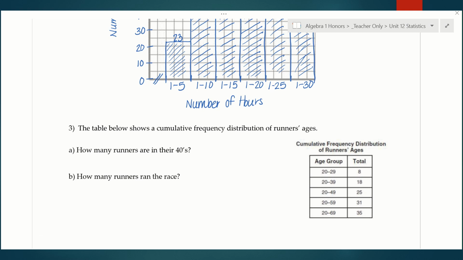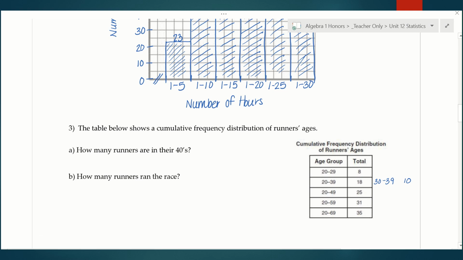So what I want you to think about is, okay, if there were 8 people in this 20 to 29 age group, and then there's 18 in this 20 to 39 age group, how many would be in your 30 to 39 age group? There must have been 10 because they must have done 8 plus 10 to get 18.